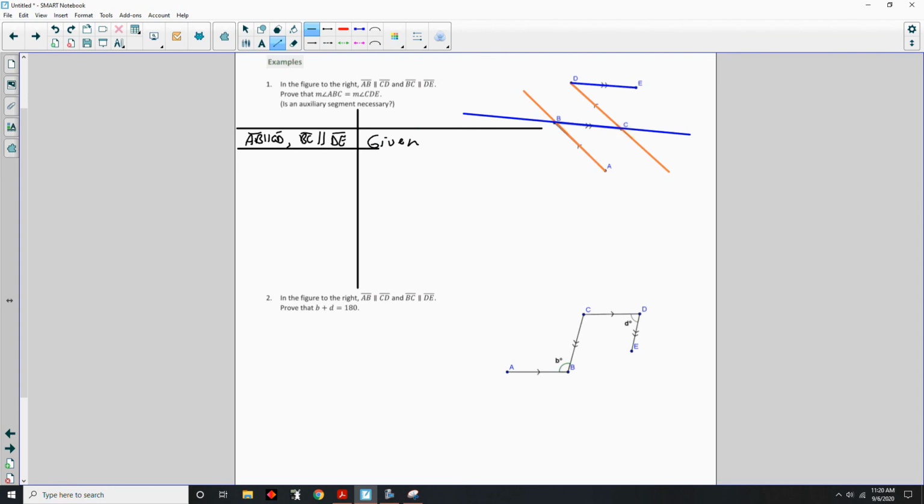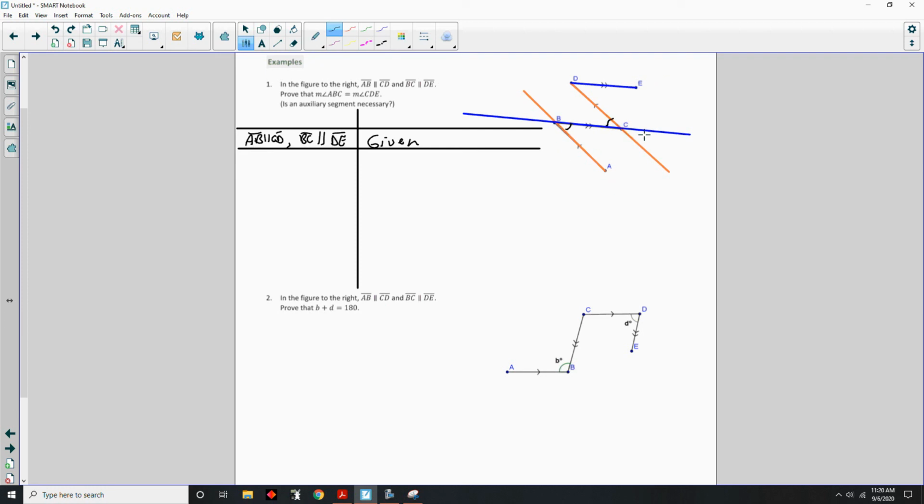All right, next. Now I can say angle ABC is congruent to angle here. Actually, not there. We can do alternate interior. Let's go here.